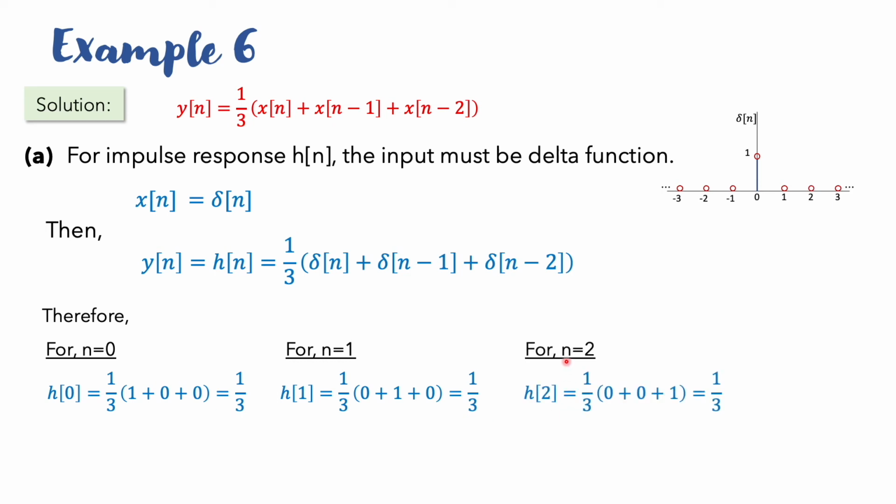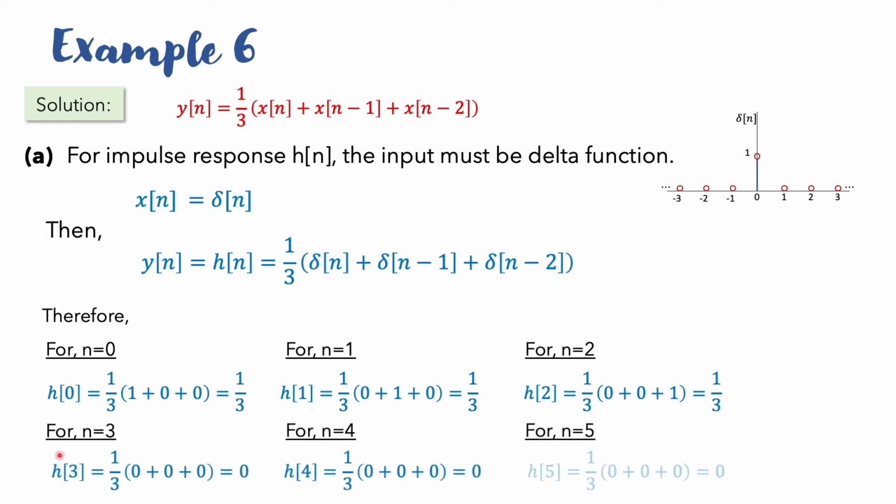And for n equal to 2, this will be delta of 2, this will be delta of 1, and this will be delta of 0. Other than delta of 0, all the samples are 0, right? So we will get 1 over 3 again, and after this for all we will get 0.